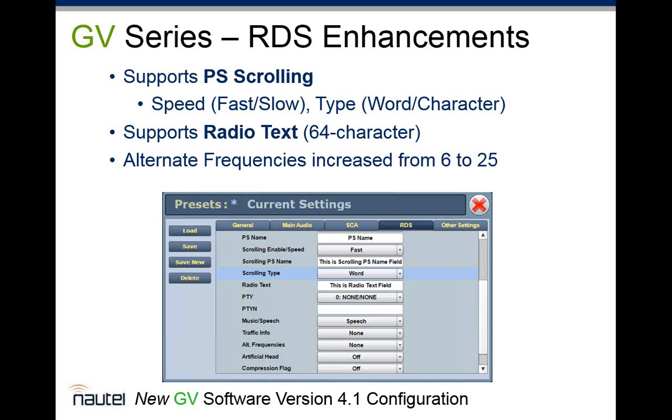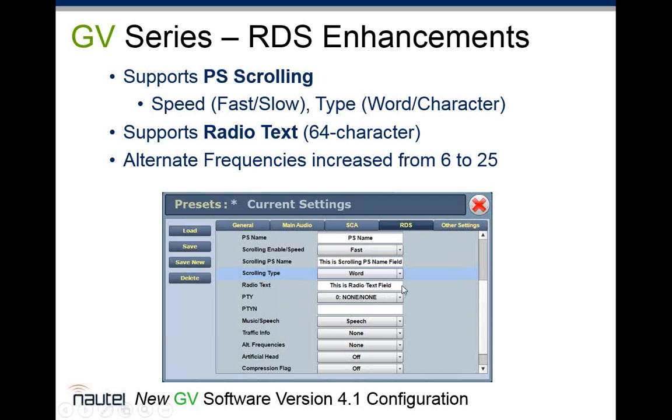And then, of course, you can pick word or character. With every update, whether it be 3 seconds or 10 seconds, it's either transitioning by one letter if it's character, or by a word, which would be, for the most part, every space if it can fit within 8 characters or so. We also support radio text, which is up to 64 characters.